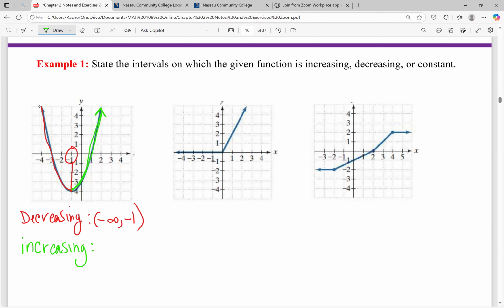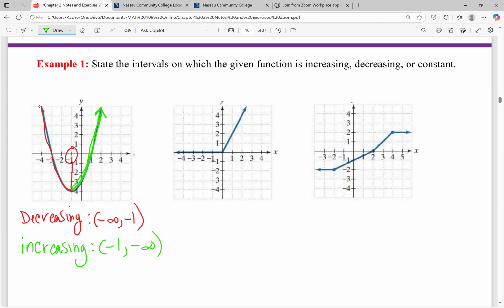It's increasing from x equals -1 all the way to infinity, because this increases forever and it's going to horizontally span all of our x values towards infinity. So that's where that graph is decreasing and increasing, and there's nowhere on that graph that the graph is staying constant.